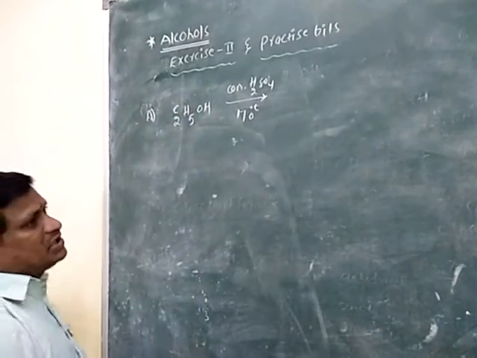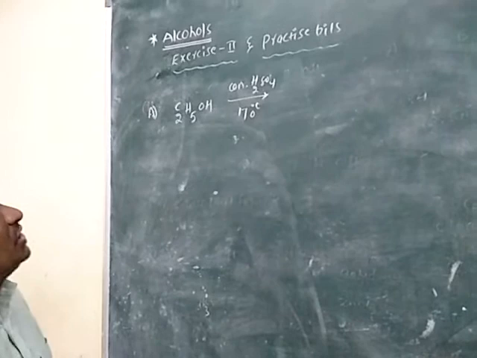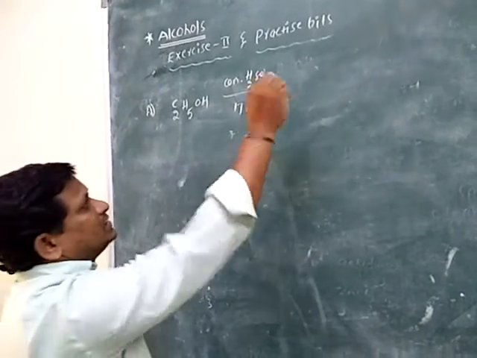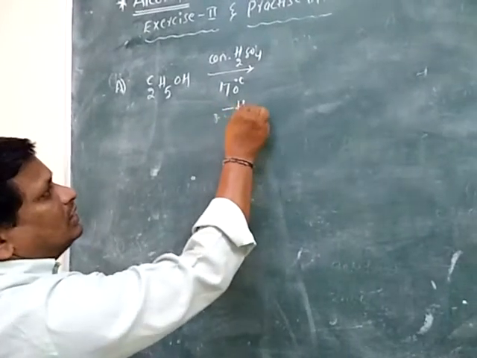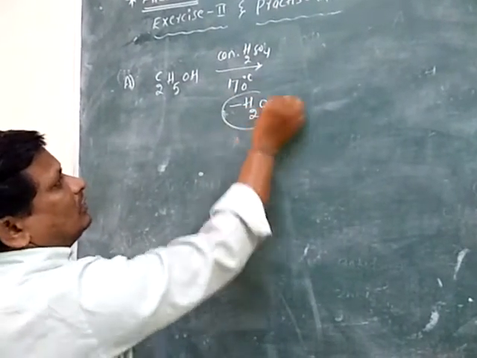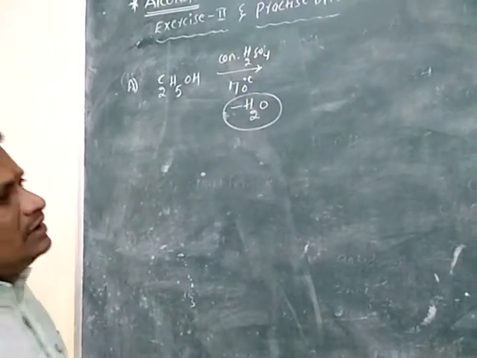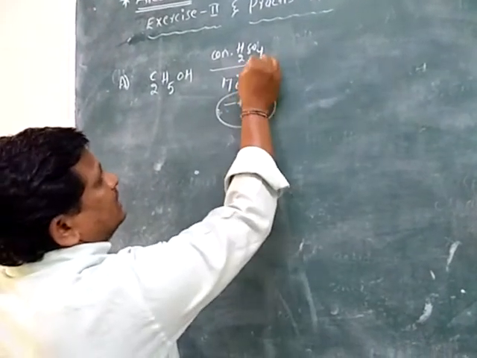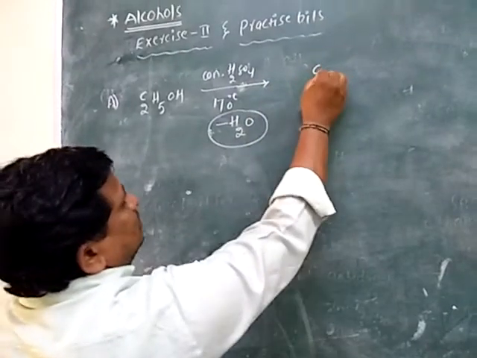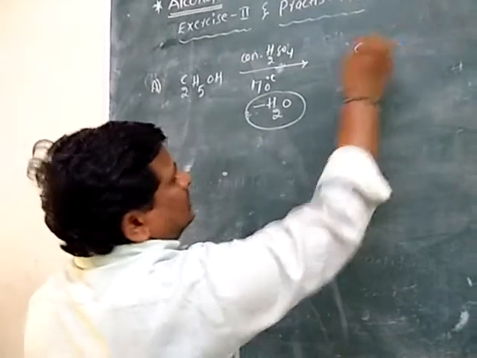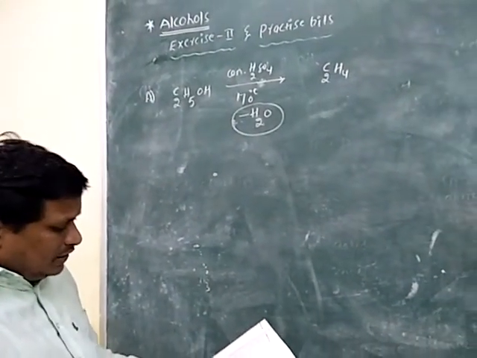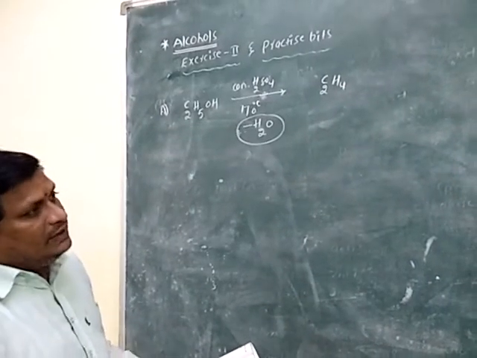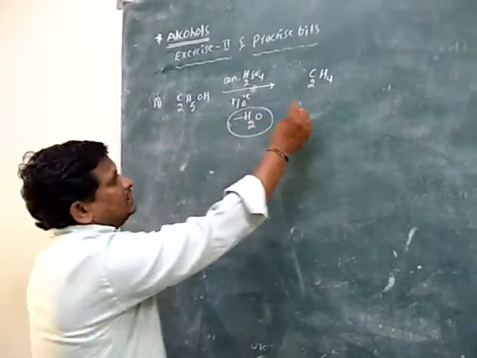So this reaction is dehydration. Dehydration means removal of water. So the obtained compound is C2H4. C2H4 is ethylene.